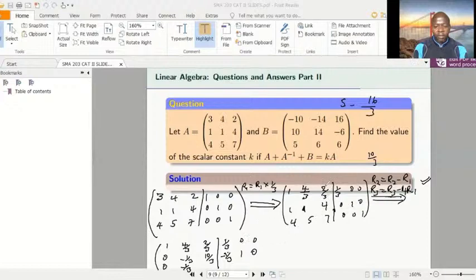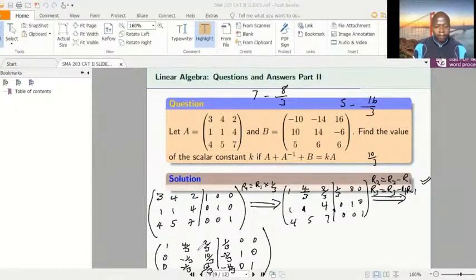Now, 2 out of 3 times 4 is 8 out of 3, which I'm subtracting from 7, and this is 13 out of 3. You can see that. Now, this times 4 would be 4 out of 3. Subtracted from 0, that is negative 4 out of 3. Then this is 0 and this is 1.